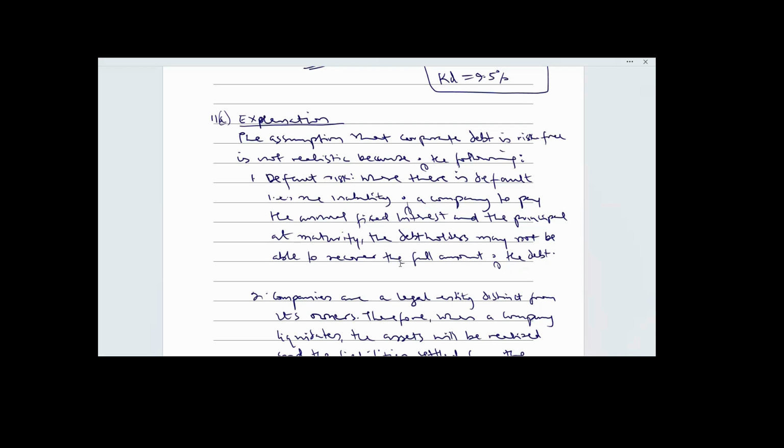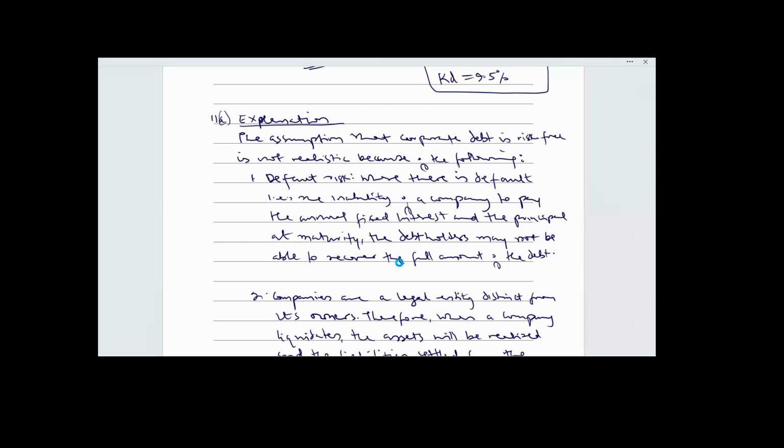Not only that, in addition, because companies operate as a legal entity, that is, the owners of the business are separated from the business itself. So when the business owes money, the liability of the owners is limited to the amount they have contributed in the business.